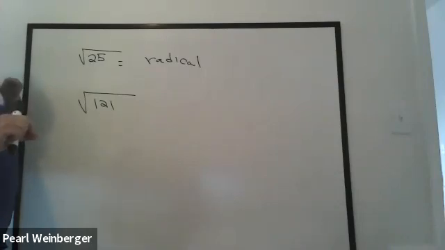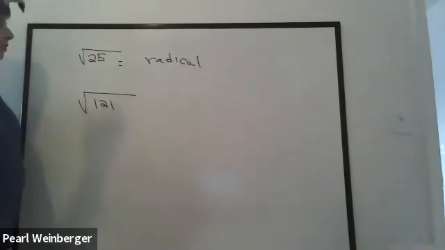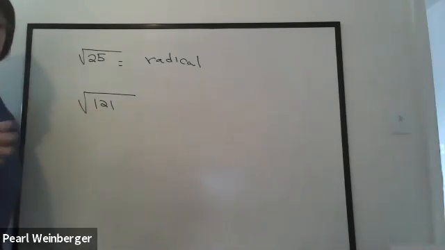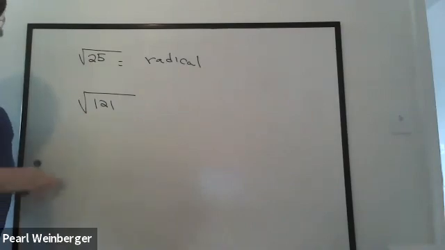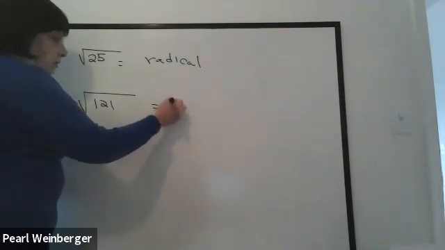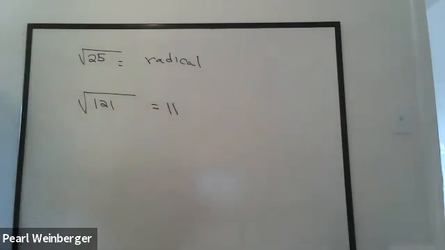I suggest that you make yourself a list of all the perfect squares starting from 1 until, let's say, 15, so that when you start working with them, you will be able to do some of the problems. If you don't know it, you, of course, can put it into your calculator. The square root of 121 turns out to be 11. So 121 is a perfect square. You can take its square root.